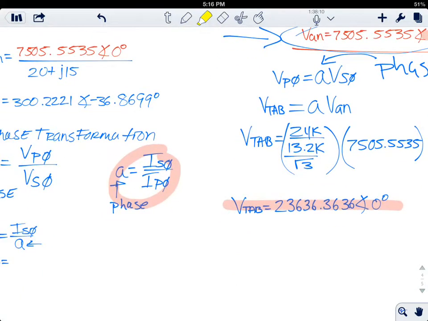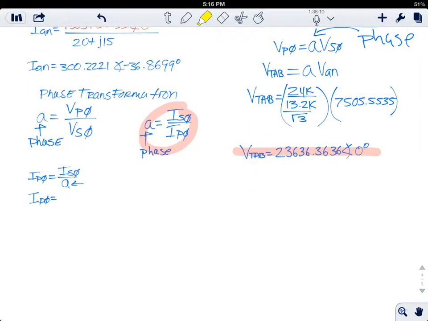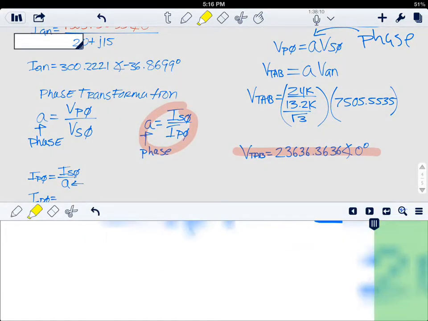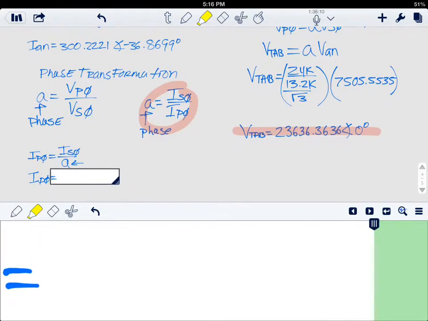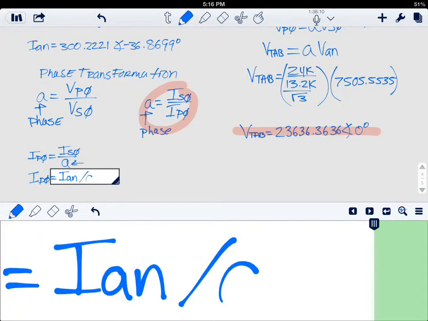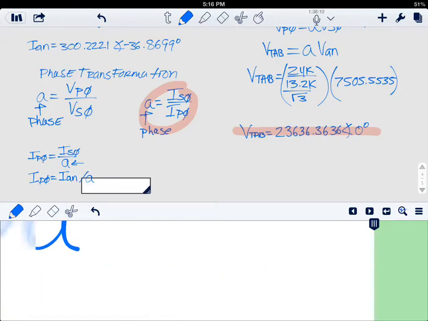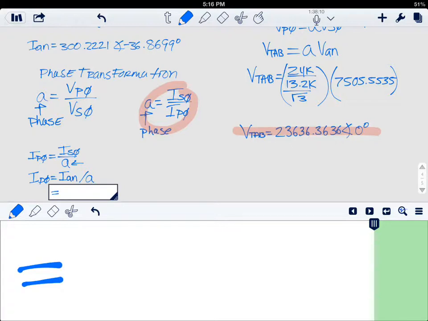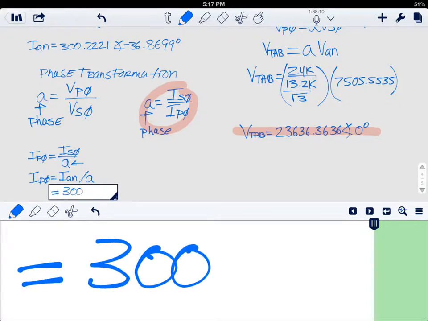So now that we know the value of the phase current, this is all divided by the phase gain. We could substitute those values.